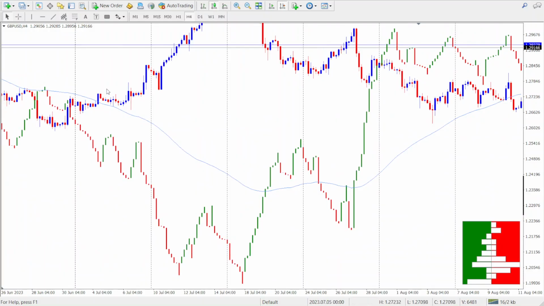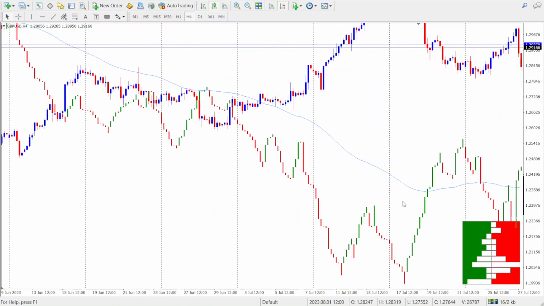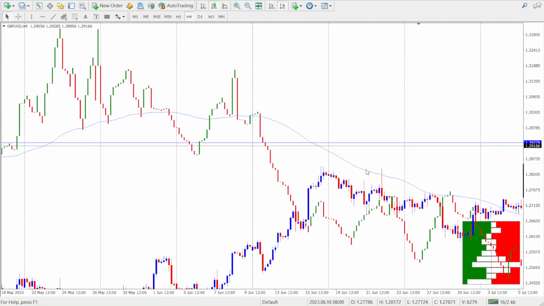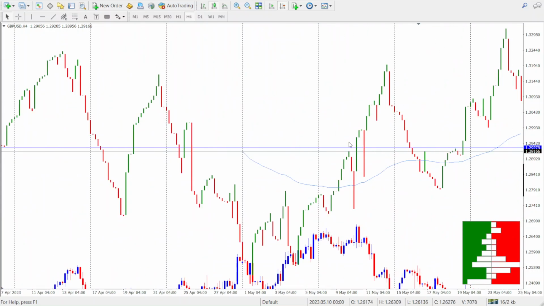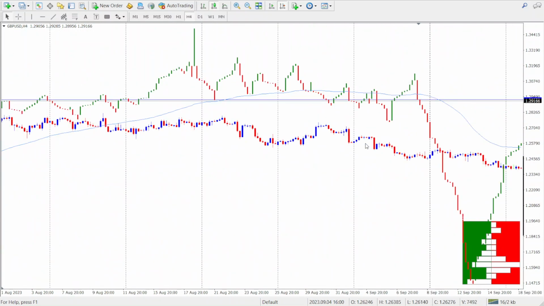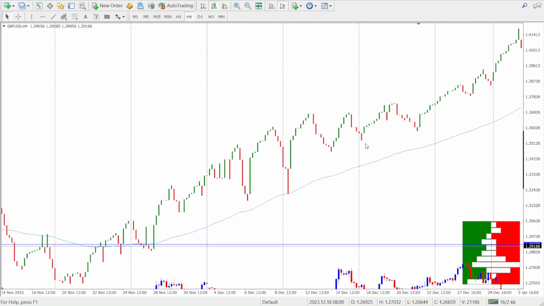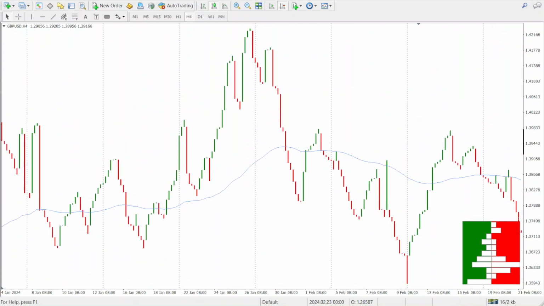Because you can see that this is the original price action, right? And then this is the line break chart indicator. So you can see that sometimes it looks kind of confusing. So make sure that you fully understand this indicator before using it, and ensure to always practice on a demo account first before using it on a live chart, right?